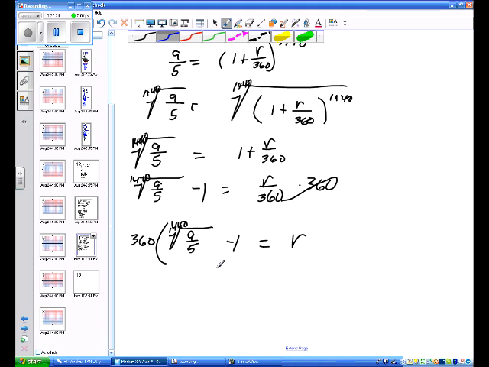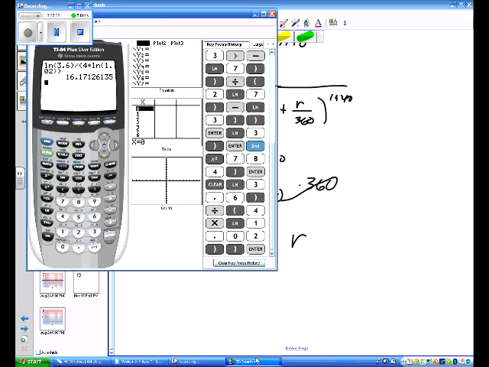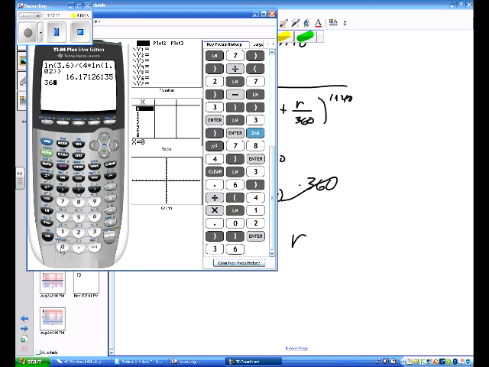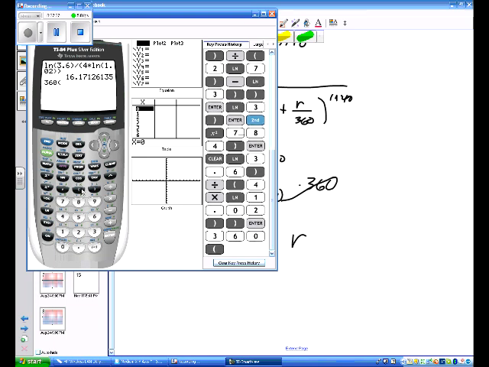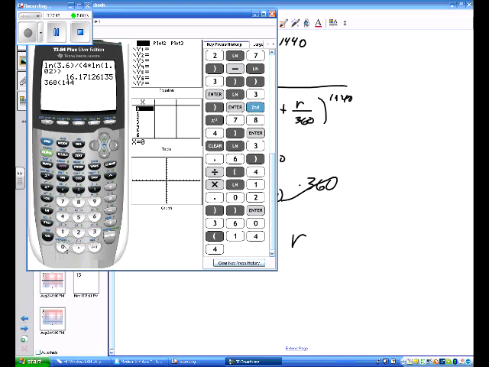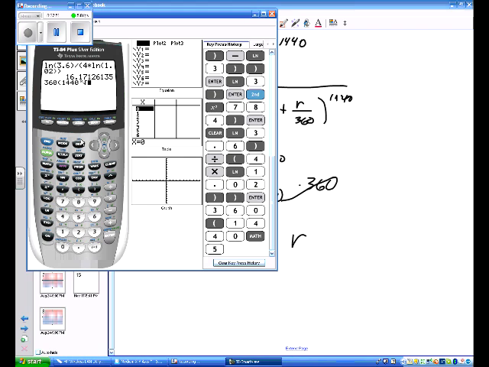So if we do that on our calculator, we're going to have 360 parentheses. Ooh, okay, now if you remember on your calculator, to get that root, what we do is we put the root 1440, then we go to math, and we'll pick number 5. And so that's saying that's the root that we're taking of 9/5.